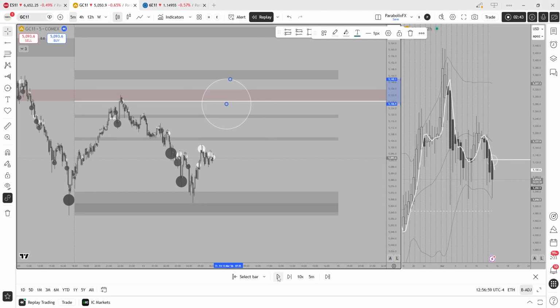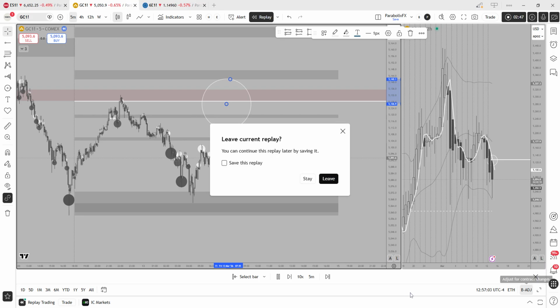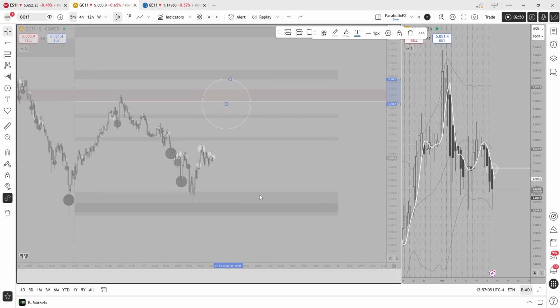So frustrating when the internet doesn't work. I'm just gonna exit this so you can just see it played out. Wow. This is internet in South Africa, bro. It's absolutely disgraceful.